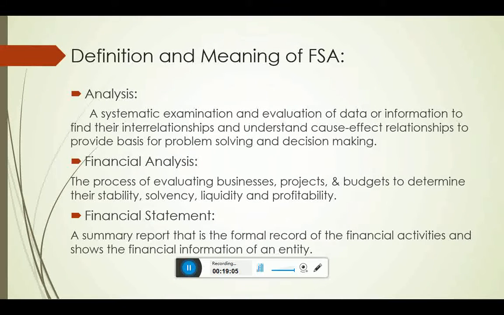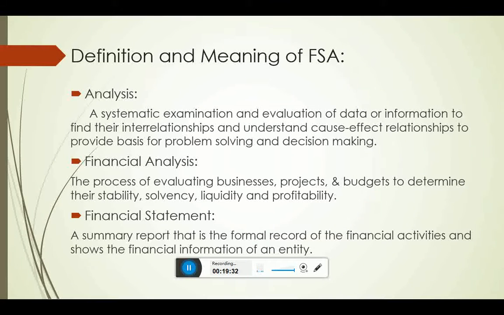So stability is what? Stability is one of the characteristics of a business or project for stable growth, right? When a business or project is growing steadily and gradually, growing from time to time, we say that project is stable, right?